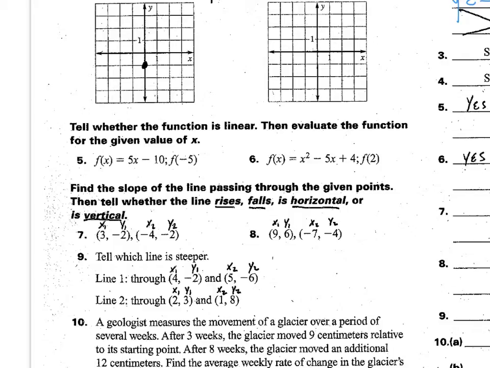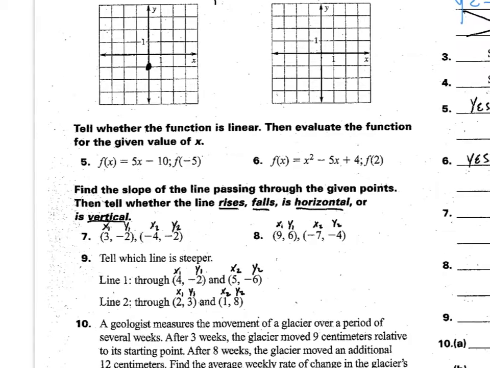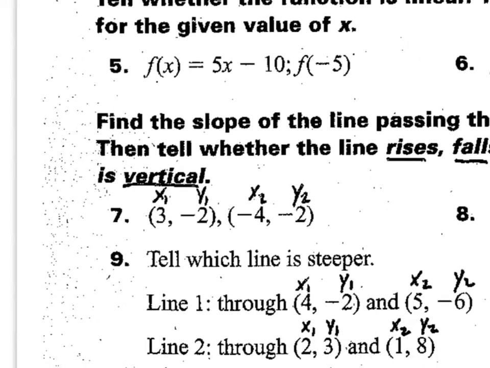In number 5 and number 6, you need to first tell whether it's a function. So over here to the side, you're going to circle yes or no. Is it a function, yes or no? You can tell that just by looking at the equation. Then they want you to take the number and plug it in for the x and solve. So on number 5, just to give you an idea, you'd write your answer f of -5 equals 5 times -5 minus 10.